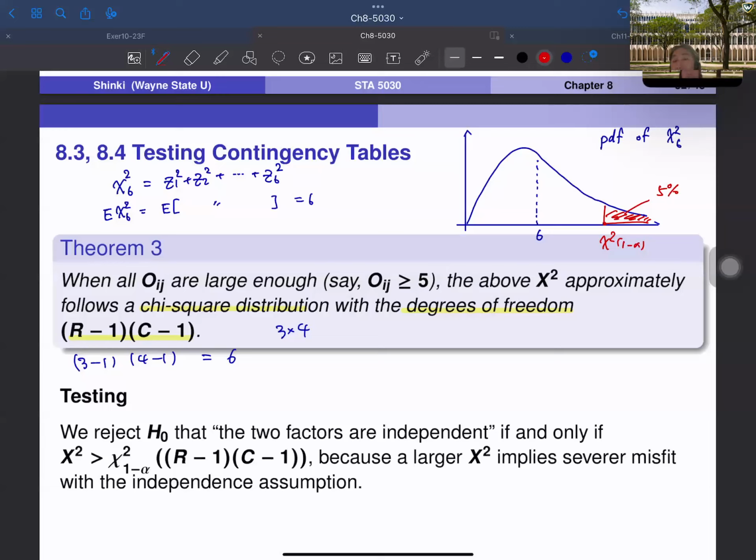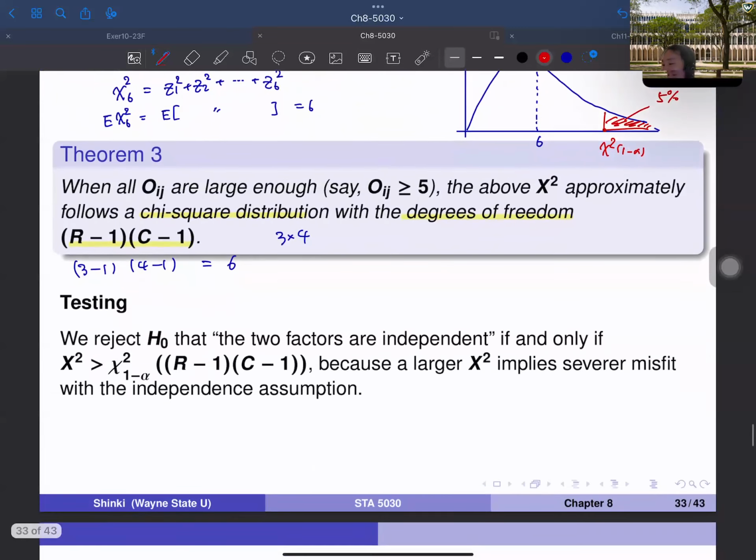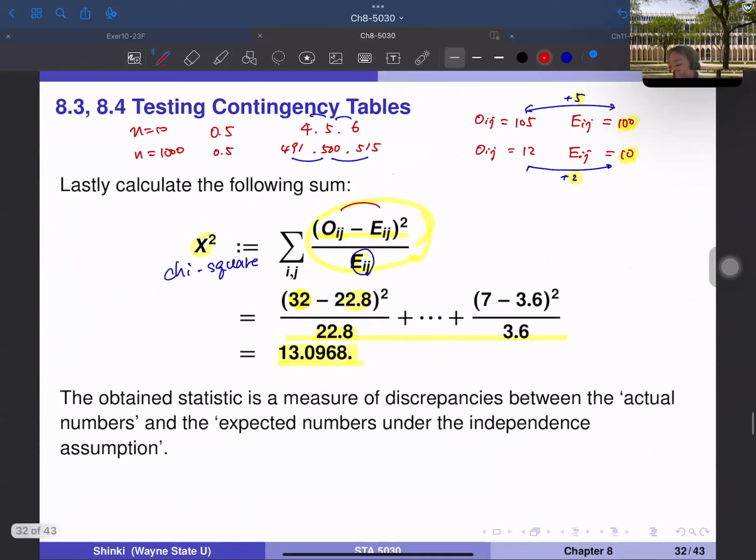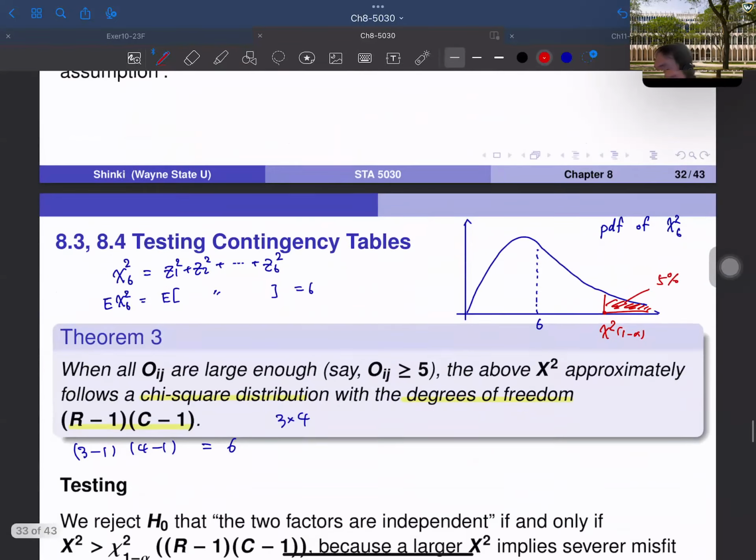So S-square, the sum of squared deviations, follows the chi-square distribution. And this chi-square statistic also follows a chi-square distribution. So the chi-square distribution is built to represent the distribution of the sum of squared errors. So in that sense, it's similar.